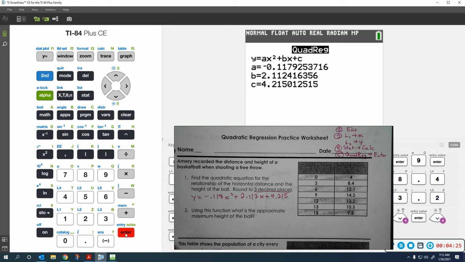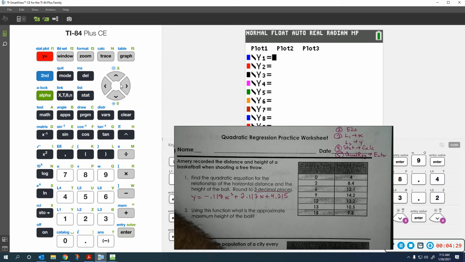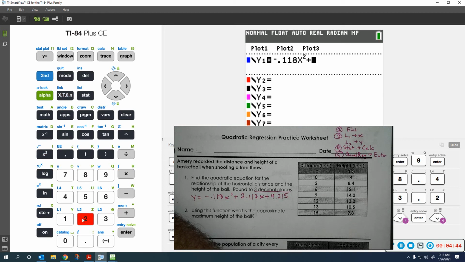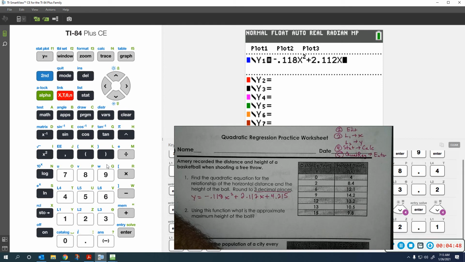Now it says use this function to find the approximate maximum height of the ball. So we're going to go back, we're going to now go into y equals like what we did the other day, and we're going to type in our graph. So negative 0.118 x squared plus 2.112x plus 4.215.